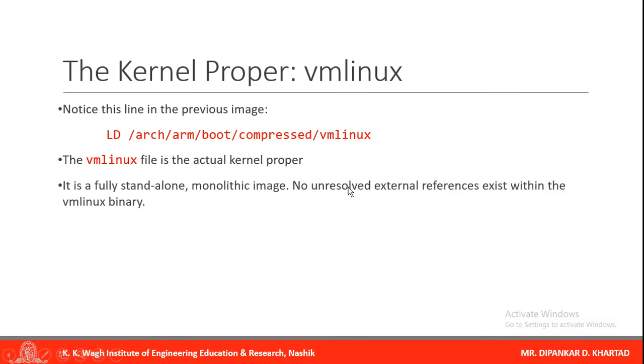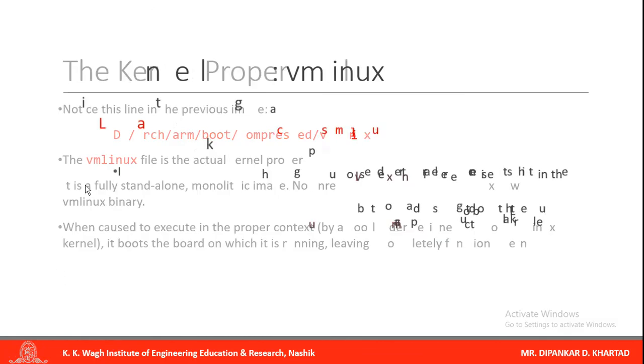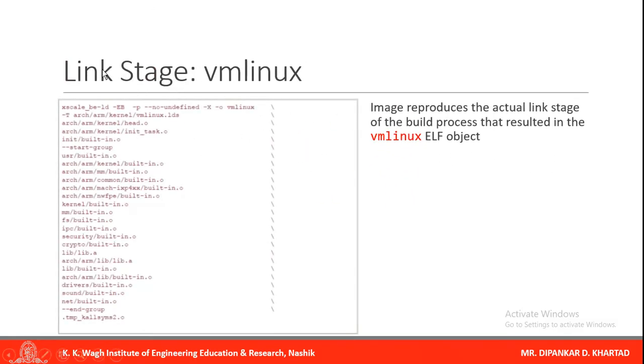It is a fully standalone monolithic image, so no unresolved external references exist within the vmlinux file. When caused to execute in a proper context by a bootloader designed to boot the Linux kernel, it boots the board on which it is running, leaving a completely functional kernel. This image is the link stage vmlinux.